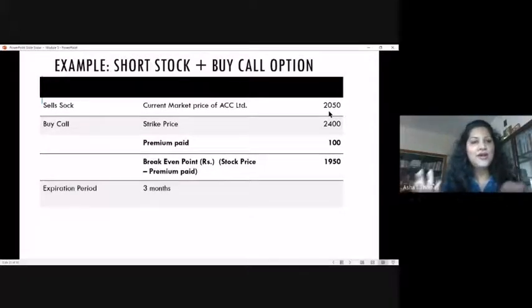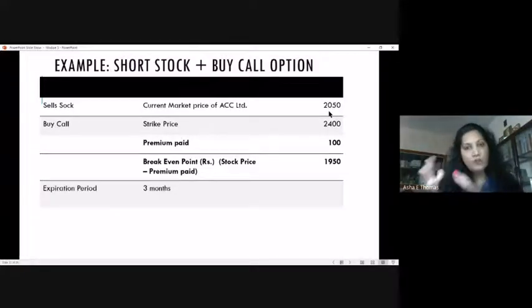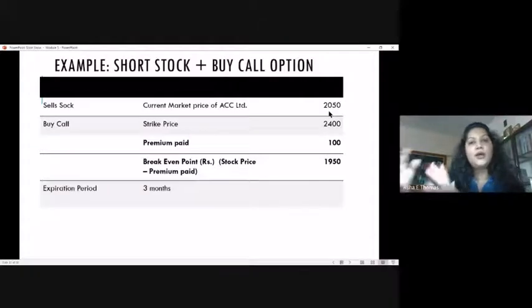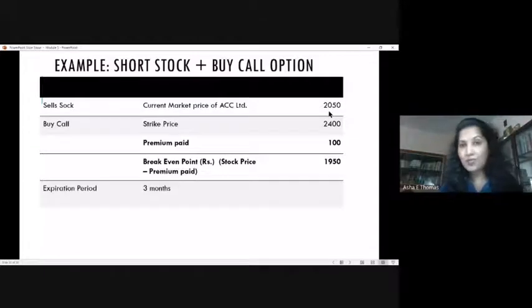So this is actually covering up your risk that is exposed in the spot market by participating in the derivative market. So with short stock in the spot market, you're short selling without owning by having an arrangement with your broker. And then you are buying a call, expecting that it can compensate if things do not happen as you expect.